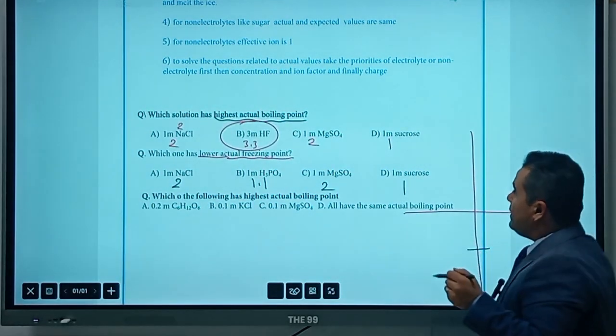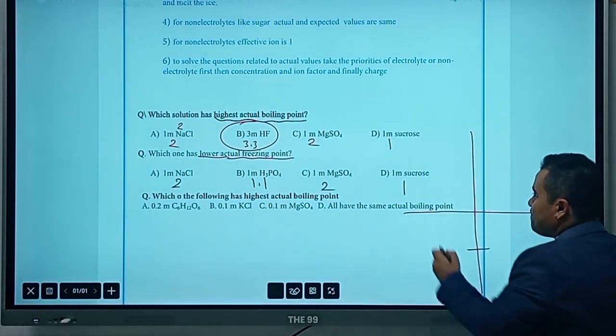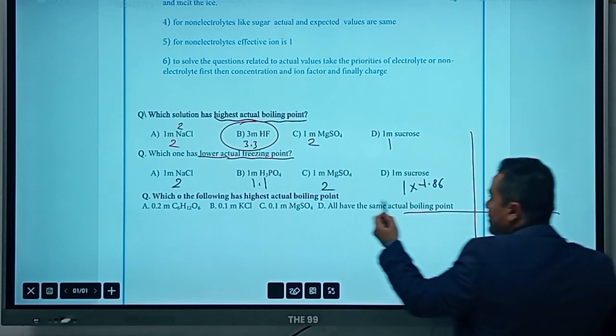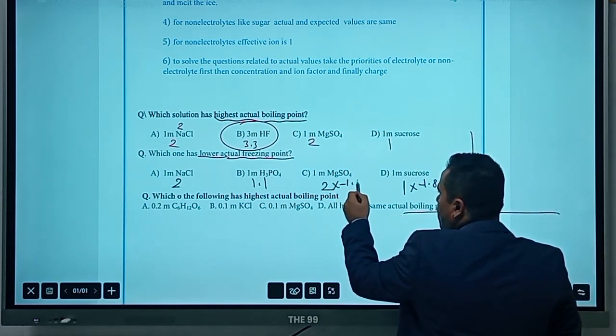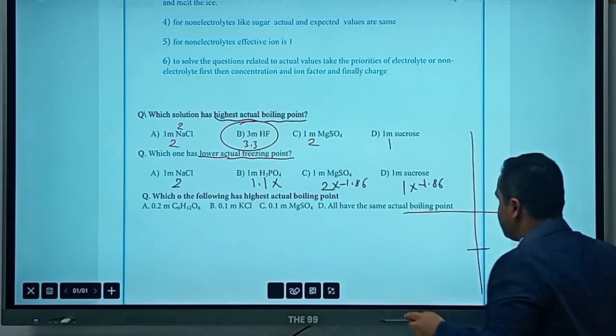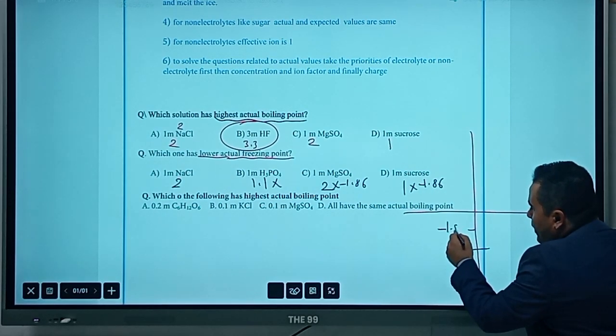And if we multiply these values by minus 1.86 to get the delta T, the sugar will be at minus 1.86.